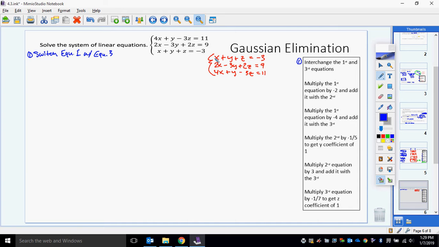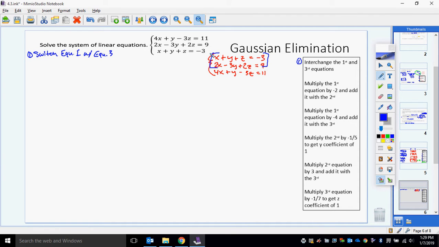I don't need to manipulate it anymore, but I am going to use it to help me manipulate equation 2, right? Because we need this x term to cancel. I just need a y there. So how am I going to cancel that x? Well, I'm going to use equation 1 to help me do that. And what do I need equation 1 and equation 2 to look like? Well, they need to both have a 2, but one needs to be positive and one needs to be negative so that I can eliminate these x's, right?